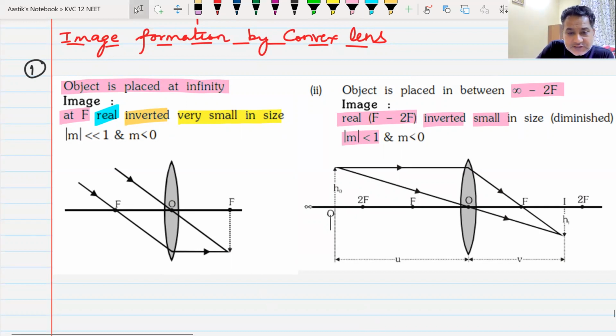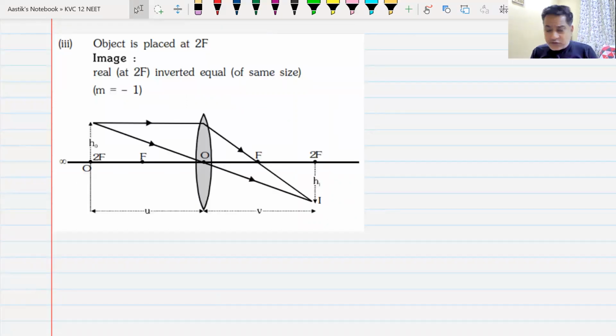What would be the third position? Object placed at 2f. And what will happen to this object placed at 2f? The image will also form at 2f. What will be the size of the image? Same size. Will it be real or virtual?